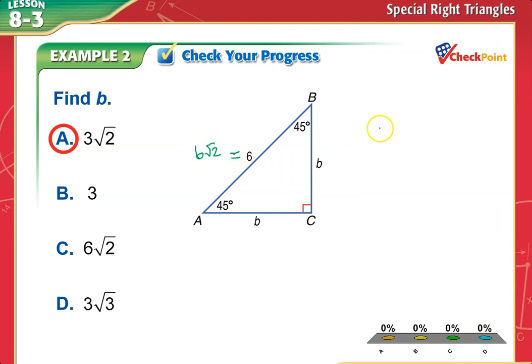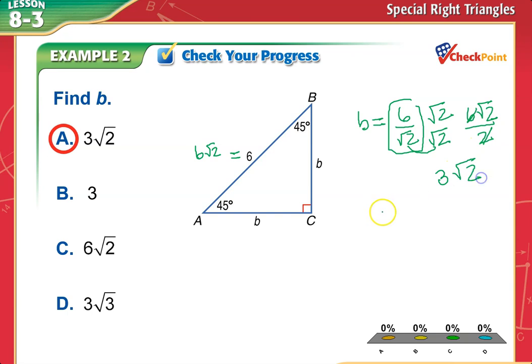You can solve for b by dividing both sides by root 2, and then just rationalize. Rationalize means you get rid of the square root on the bottom. You can do that by multiplying the top and bottom by root 2, and root 2 times root 2 is just 2. Then 6 times root 2 is on top, and the 6 and the 2 reduce down to a 3. And you get 3 times root 2.